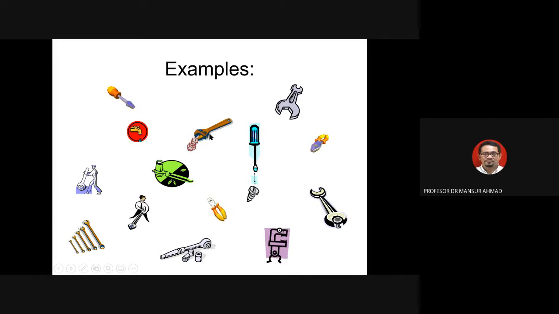In another word, you are applying moment using this spanner that you can adjust here on the bolt, B-O-L-T, bolts. You cannot tighten or loosen up a bolt without applying moment. Dengan cara ringkasnya, cara biasa kita sebut, kenalah pusingkan spanner ni, kalau tidak tak boleh nak buka ataupun nak ketatkan.